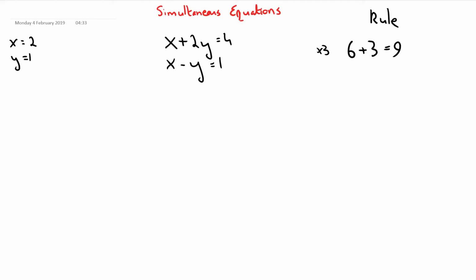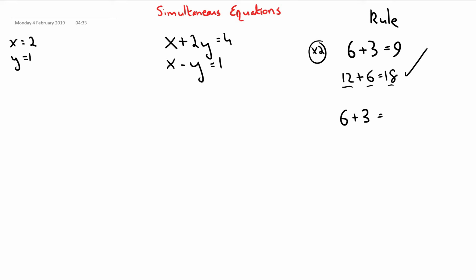If I decide to multiply across by 2, let's see, can I do that? 12 plus 6 equals 18. Still true. So that means I can multiply across an equation, as long as I multiply every number in that equation.